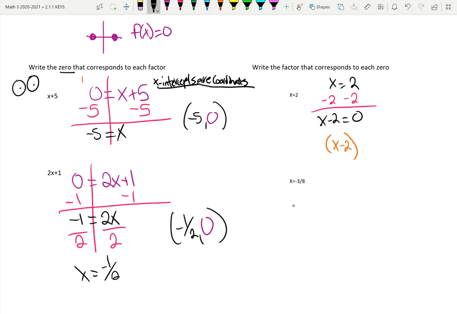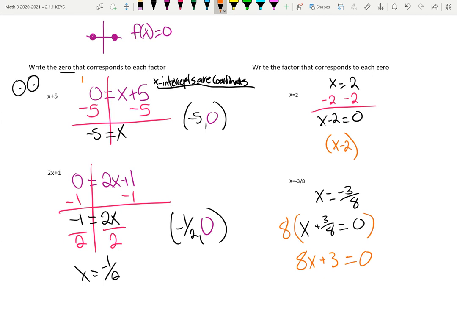Again, same process. x is equal to negative 3 over 8. Well, I'm going to get it equal to 0. So I'm going to add 3/8 to each side. And that's going to equal 0. Now, I'm going to get rid of this denominator because I know if I multiply by 8 on both the left and the right side, I'm going to get 8x plus 3 equals 8 times 0, which is still 0.